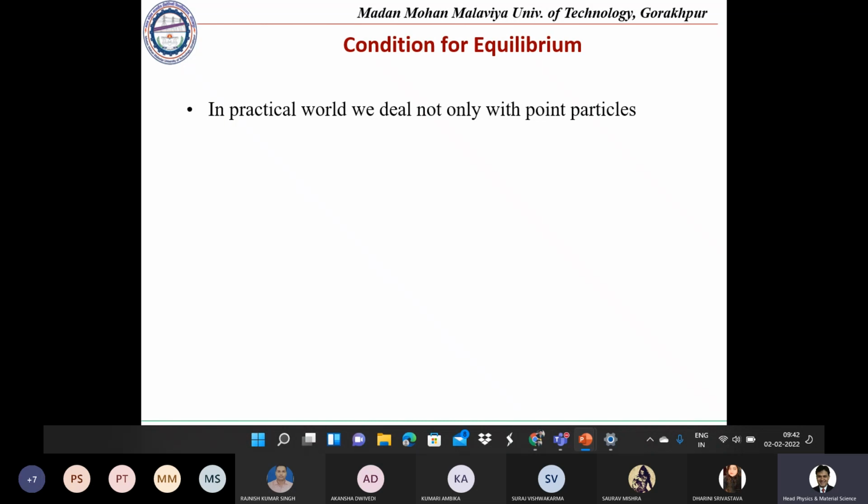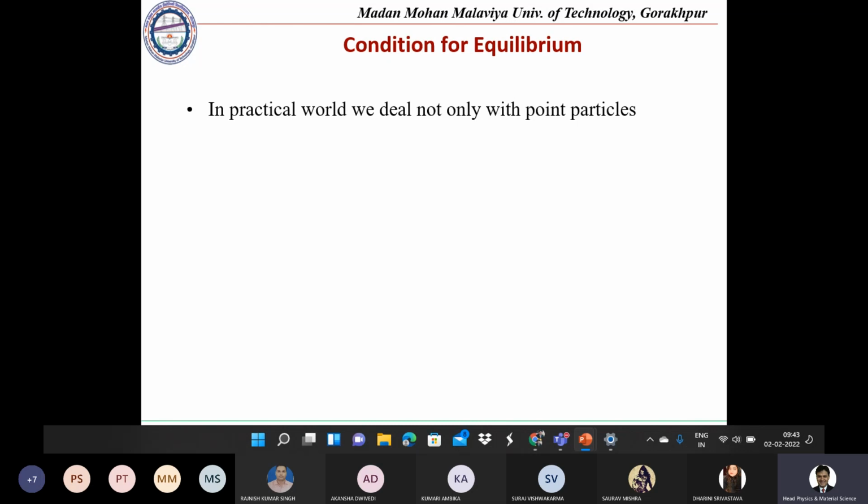Rather, we have an extended system, that is, a rod having a length of 1 meter, with some weights on either side or in the middle of it, and some forces applied there to rotate it, or to twist it, or to deform it.